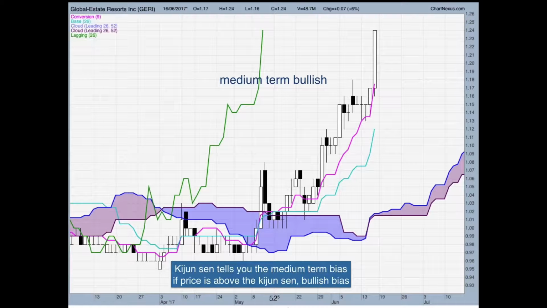The Kijun-sen tells you the medium-term bias of the market. If the price is above the Kijun-sen, then the medium-term trend is bullish. In this chart of JFC, price is above the Kijun-sen. Therefore, it is medium-term bullish.